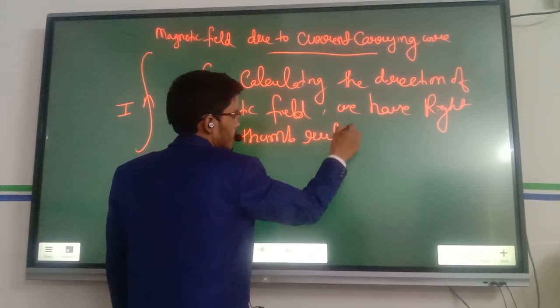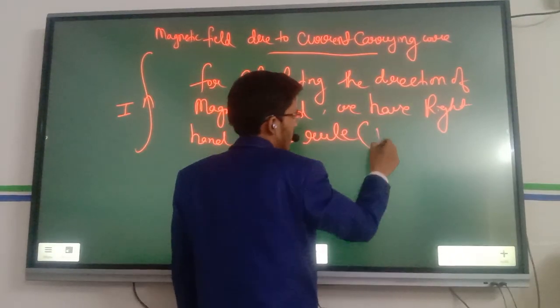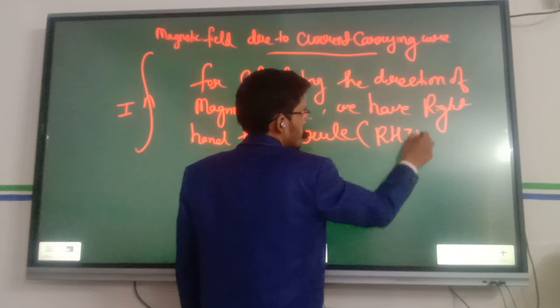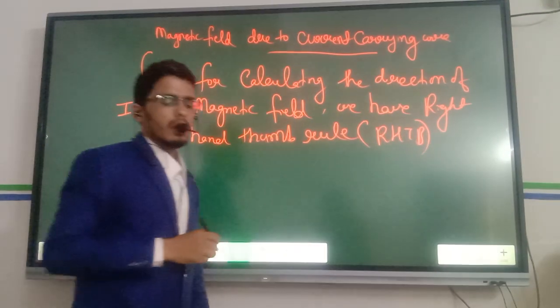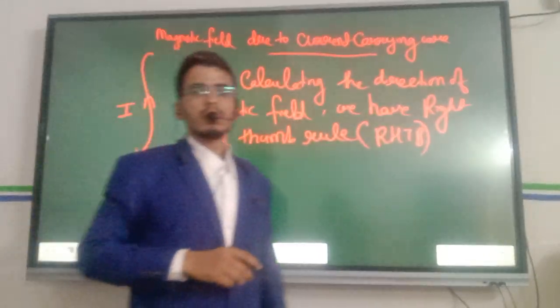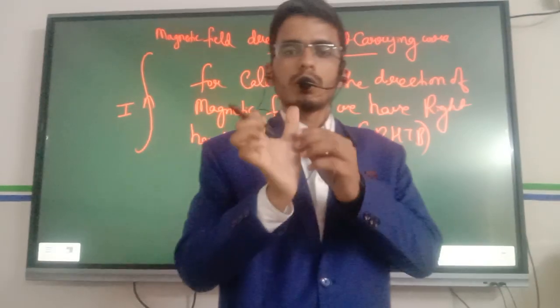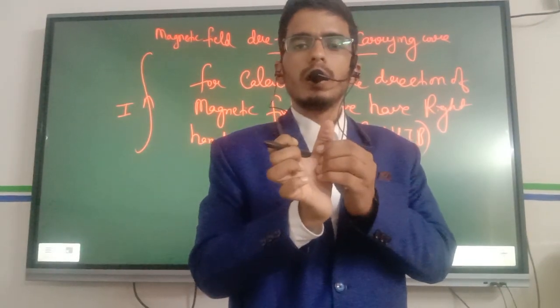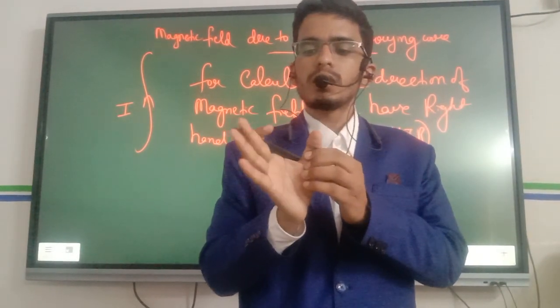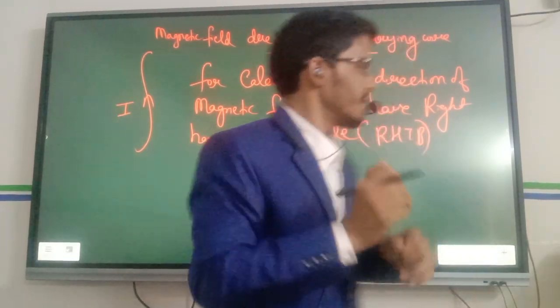Okay. It is also known as RST. So actually, according to the right hand thumb rule, first we put our thumb in the direction of current and the remaining fingers, means the curl, indicates the direction of magnetic field.